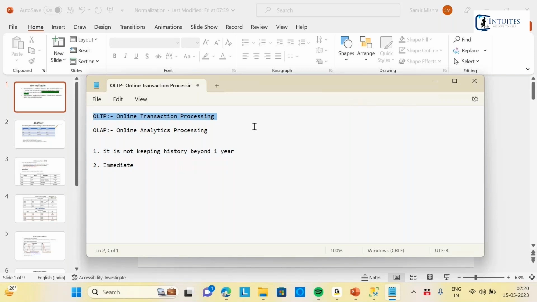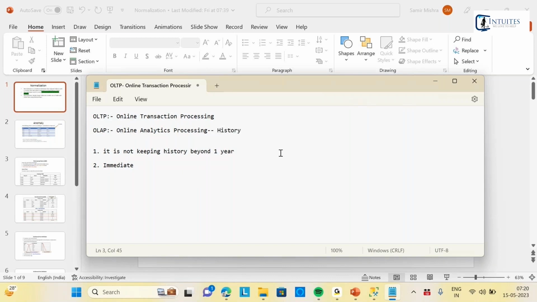In the sense, the transaction happened, automatically the reflection will be there. And the other process, the OLAP process, is something like we are keeping the data for history.